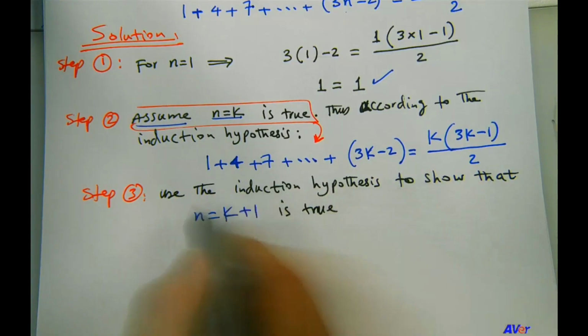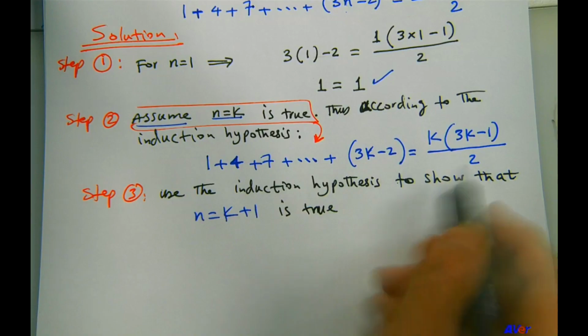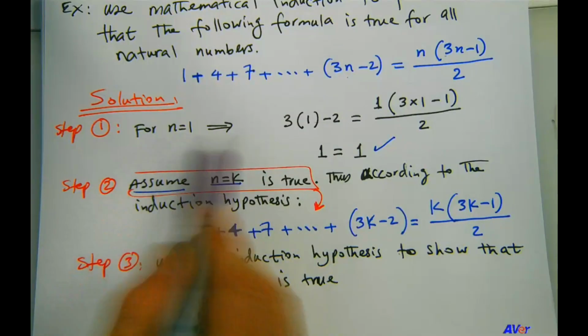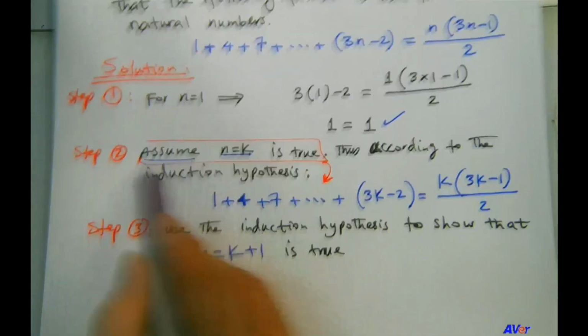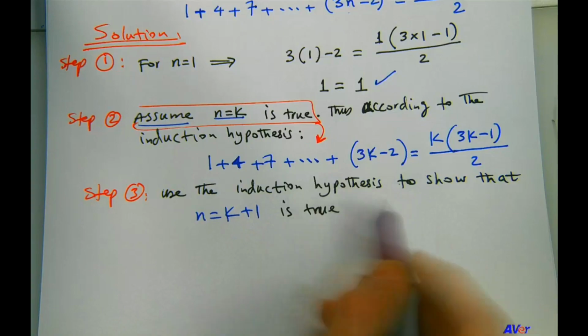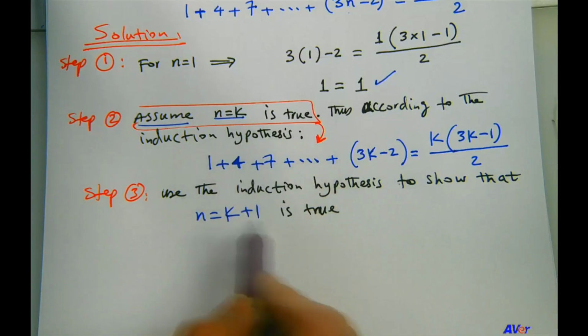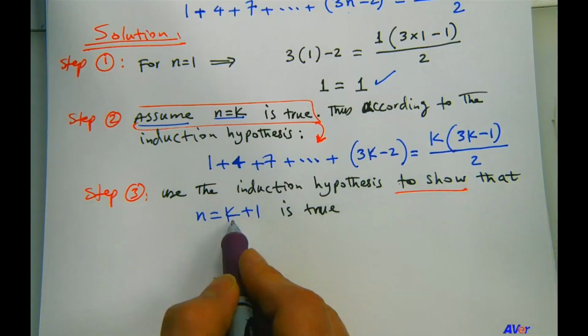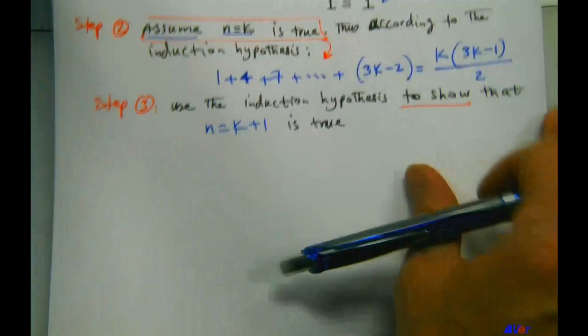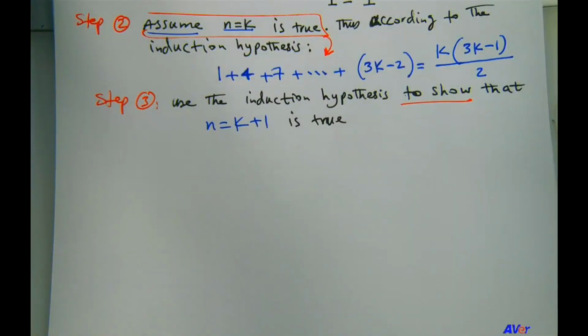So now we're not assuming anymore, we have to show. So first we assume the induction hypothesis, then we are using the induction hypothesis to show once again that this is true. Okay, so we have to plug in and work the equation. Okay, so let's do that.